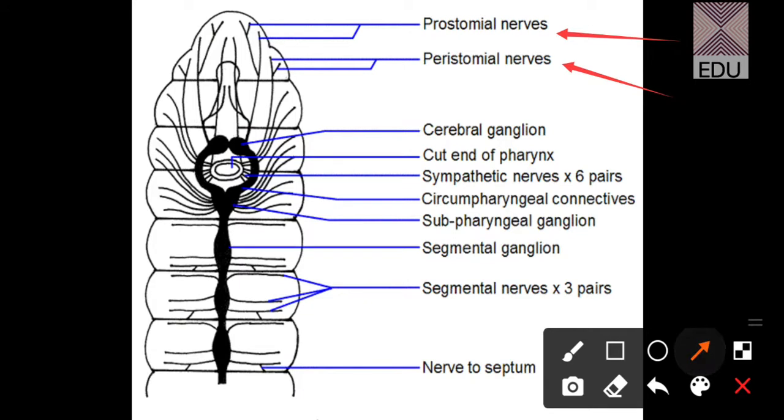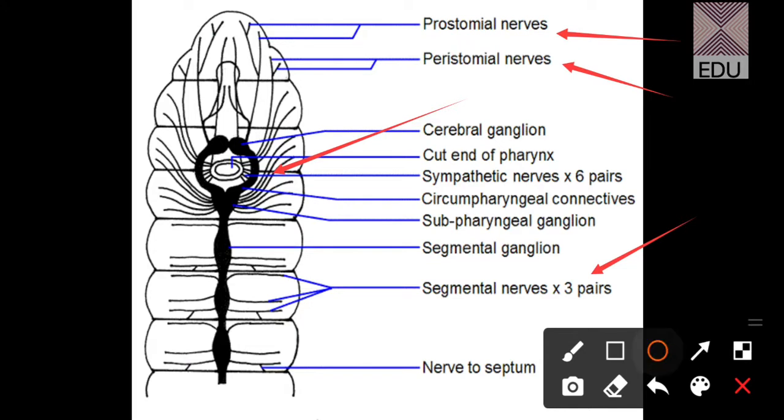So these are the nerves which are arising from the subpharyngeal ganglia, going for the third and the fourth segments. Now each segmental ganglion of the ventral nerve cord is giving off 3 pairs of lateral nerves. Those were the nerves which we discussed earlier. These are the segmental nerves. They also come in the peripheral nervous system.